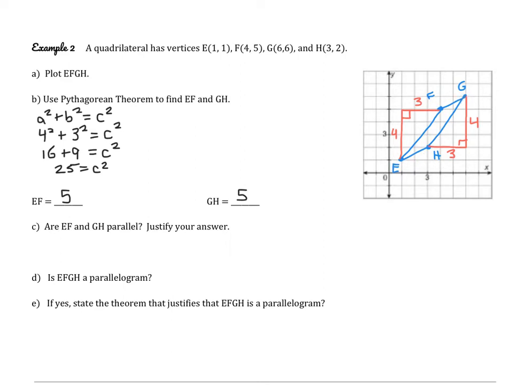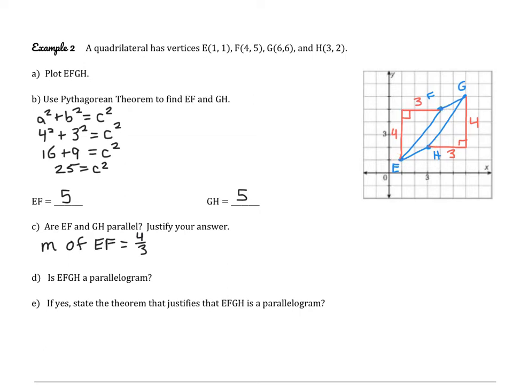And we could see if they're parallel by checking the slopes. So remember, for slope, we do rise over run. So the slope, I'm going to say M of EF is 4 over 3. And it is positive, so I'm going up 4 over 3.